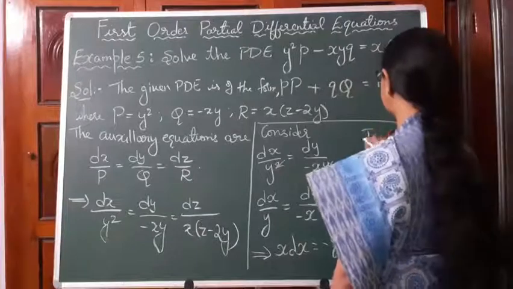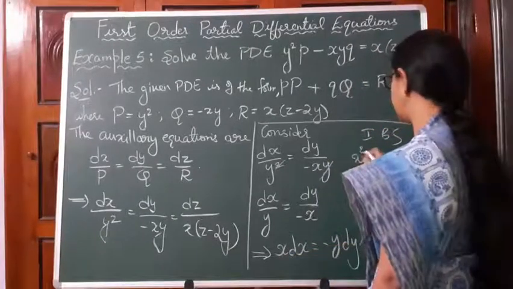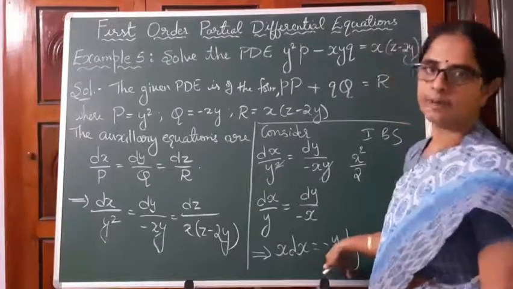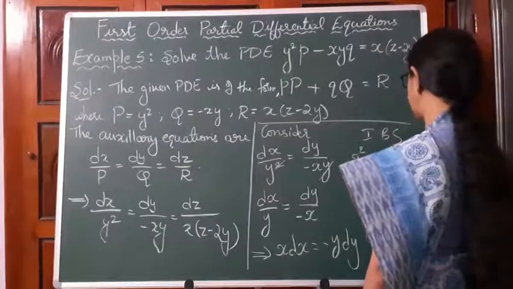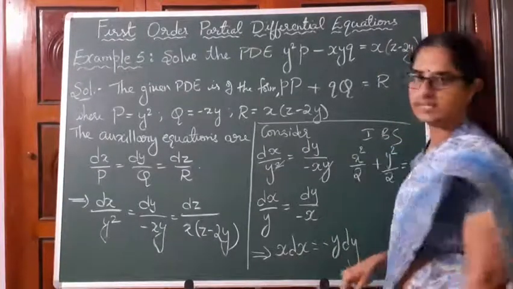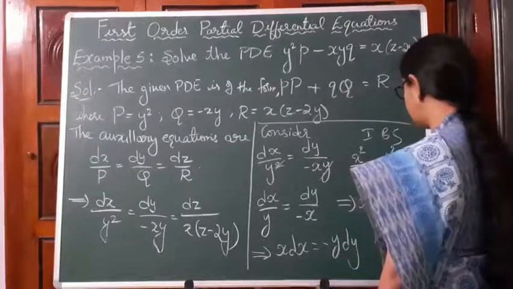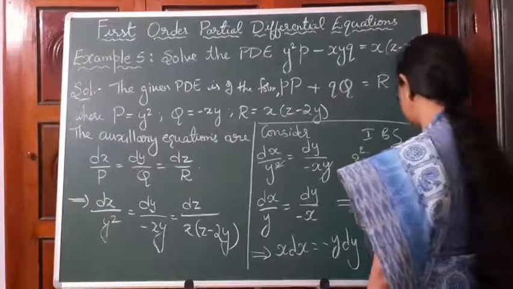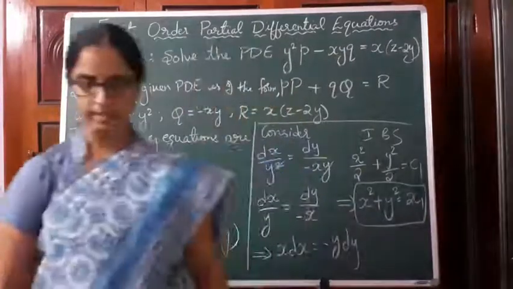If we integrate both sides, integral of x is x square by 2 is equal to minus integral of y, which is y square by 2, and if this minus y square by 2 comes to the left hand side, it is plus y square by 2 is equal to c1, or x square plus y square is equal to 2c1 or any other constant. So this is the first solution obtained from the auxiliary equation.